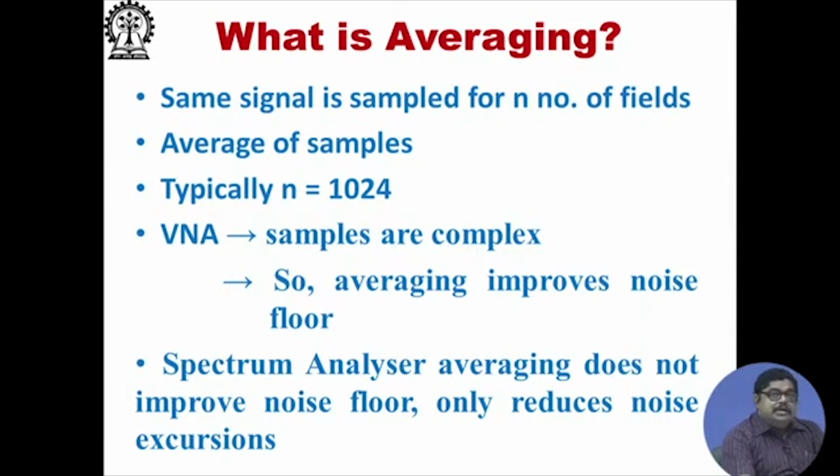Now, averaging: the same signal is sampled n number of times and the samples are averaged, typically n is equal to 1024. VNA samples are complex, so averaging improves the noise floor. Any random signal, if you go on adding, its sum will ultimately give you something like the mean of the signal.